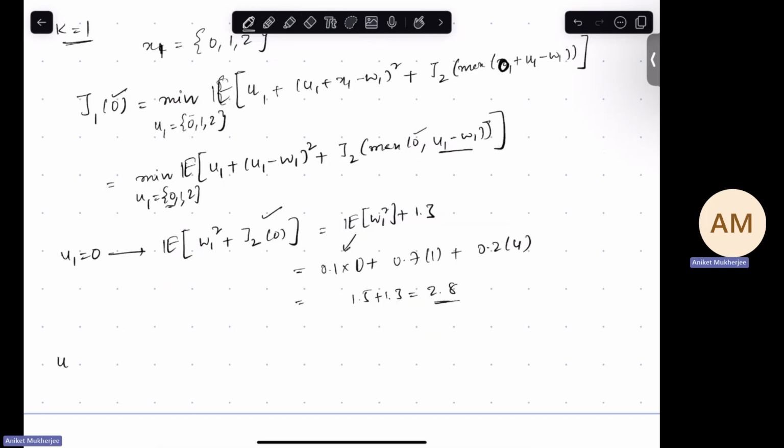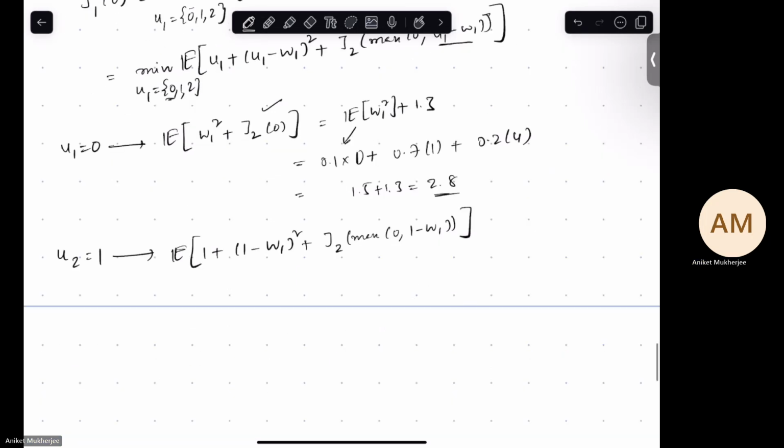Now we'll do it for u1 equal to 1. So then this will become expectation of 1 plus (1 minus w1) square plus J2 of max of 0 comma 1 minus w1.